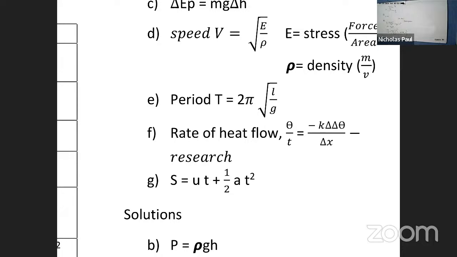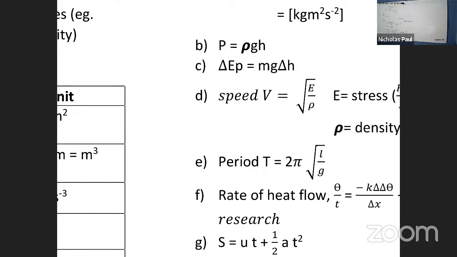So look at that. Okay, homogeneous or not? Online, what did you all get?